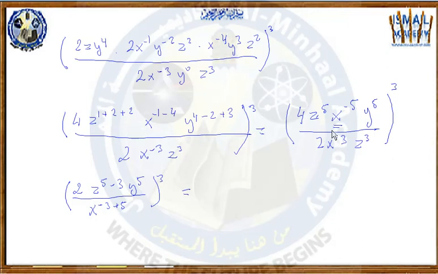But this is z to the 5, this is 5 minus 3. So that's x to the power of 3 plus 5. So now I simplify, so I got 2 z squared y to the 5, over x squared, and the whole thing is exponent 3.